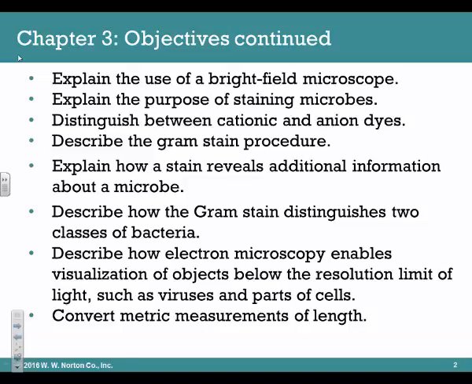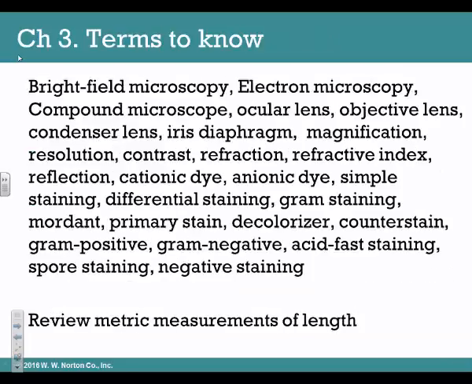You should be familiar with metric measurements, converting metric measurements of length, and also how microbes fall on this metric scale of length, and be able to calculate the total magnification when using a light microscope with varying objective lenses.